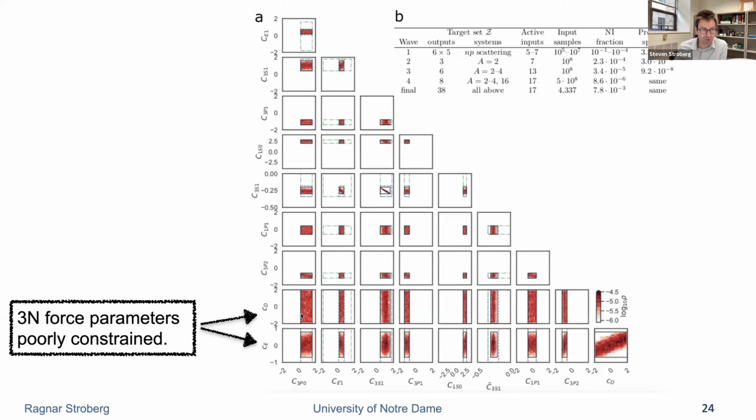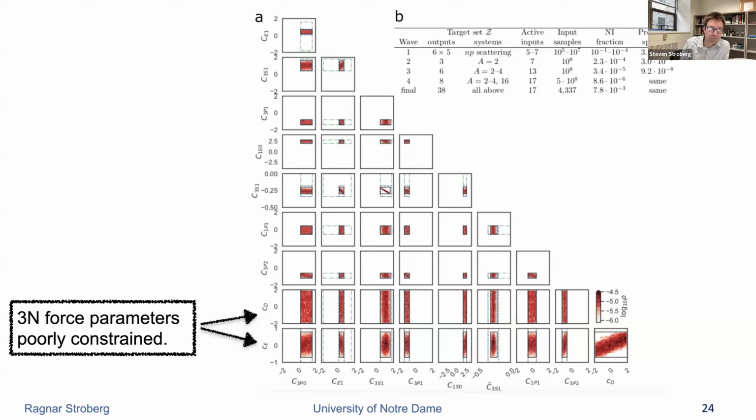One thing you'll notice is that these 2 quantities, which characterize 3 body forces, are the relatively poorly constrained ones, because of course they don't even enter when you're looking at proton-neutron scattering. You can also identify correlations between various coefficients and so on. That's a much smaller region of space, because there are lots of low energy constants, 17 in this case. So you drastically reduce the space, and now you can sample from there and have much more reasonable parameter points.